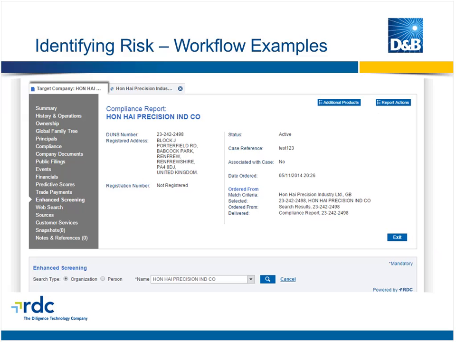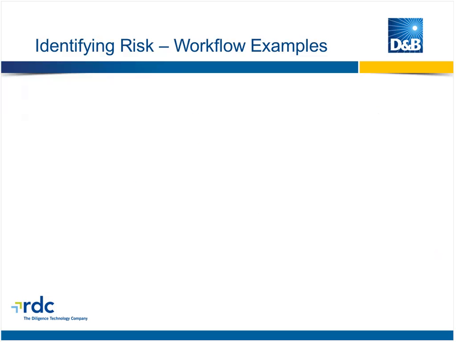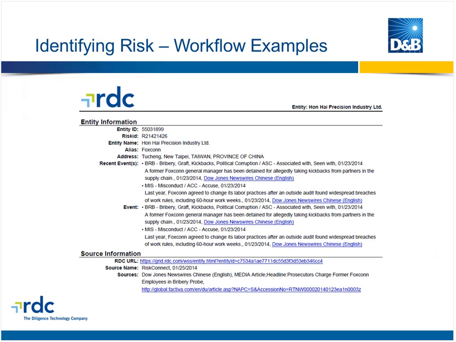And then last but by no means least, we have a company called Hon Hai Precision Industries Corporation. This particular branch of the company is based in the UK. A quick check on this company would reveal initially that it has an alias, or goes under the trading name of Foxconn.